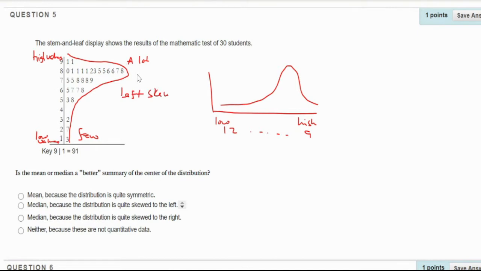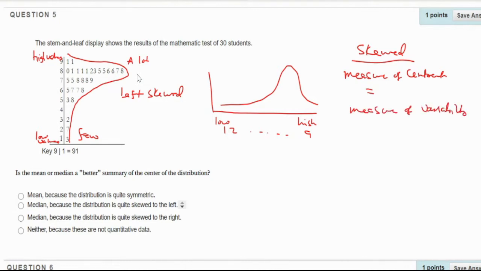Left skewed. All right. So because this is skewed, the preferred measure of central tendency would be what? And then the preferred measure of variability would be what?